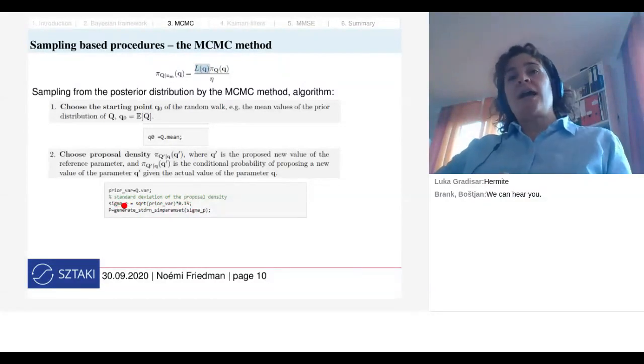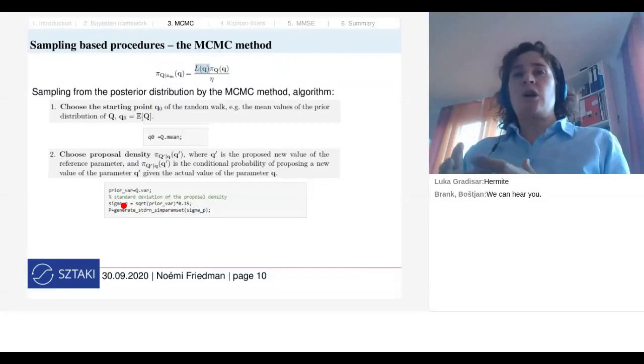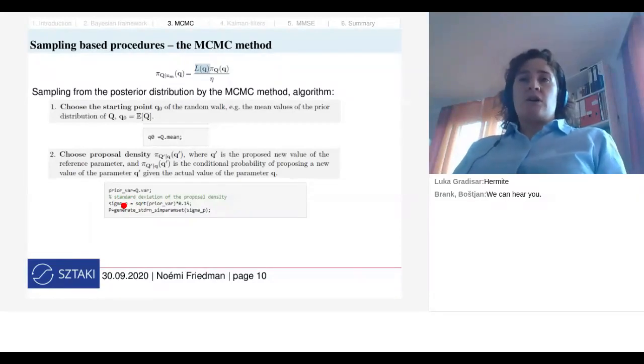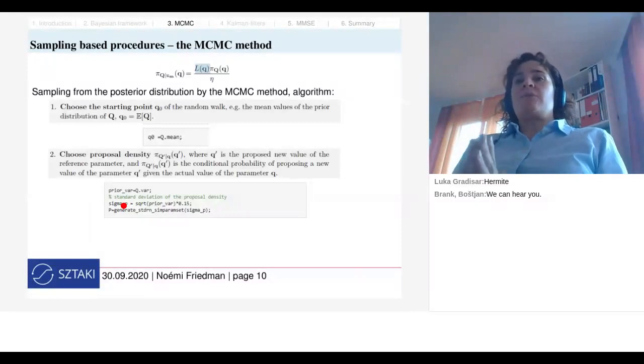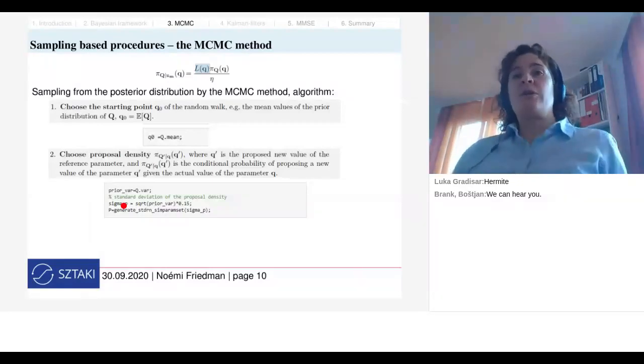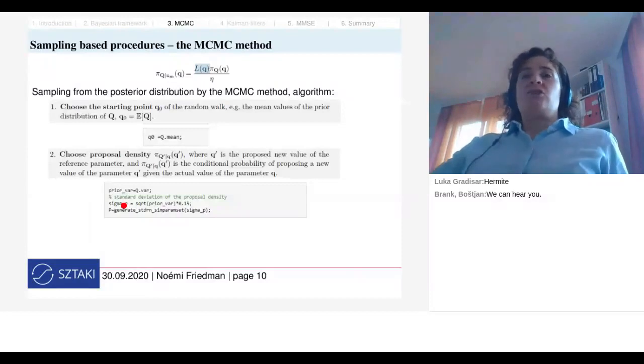But this will decide how big steps you're making. If you choose a Gaussian, then the variance of the Gaussian will decide how big your steps will be. If the Gaussian's variance is small, then you sample from this narrow Gaussian, and you make really tiny steps. And then it will take you forever to discover the whole parametric domain, which is not good.